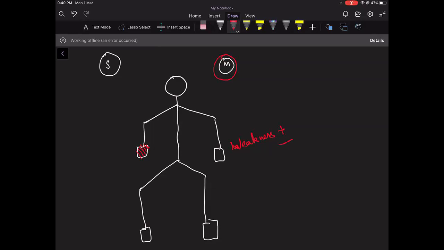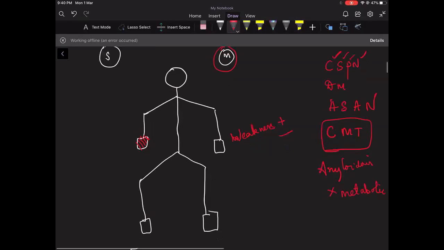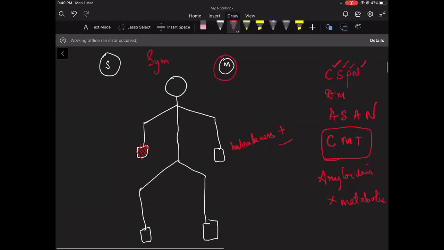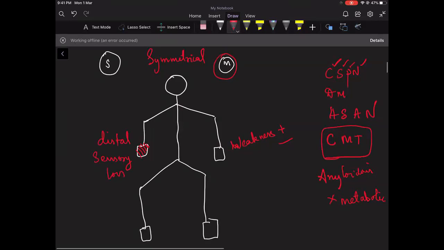The causes for this include CSPN, that is cryptogenic sensory polyneuropathy, or diabetes, or hereditary sensory autonomic neuropathy, or Charcot-Marie-Tooth disease, or amyloidosis, and other metabolic disorders. So these are the causes for the second pattern. Here also symmetrical distal sensory loss with or without weakness.